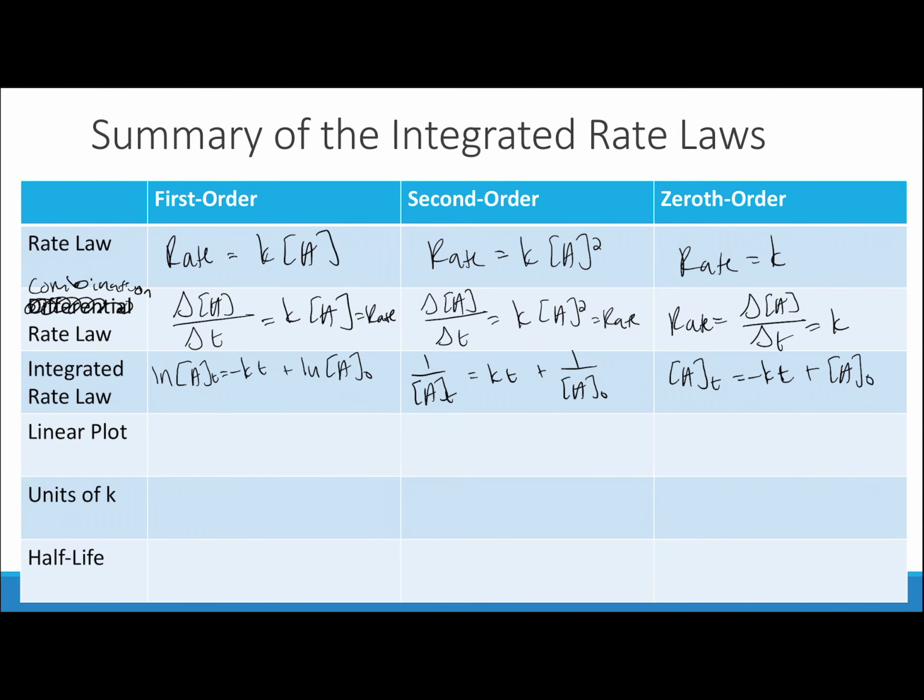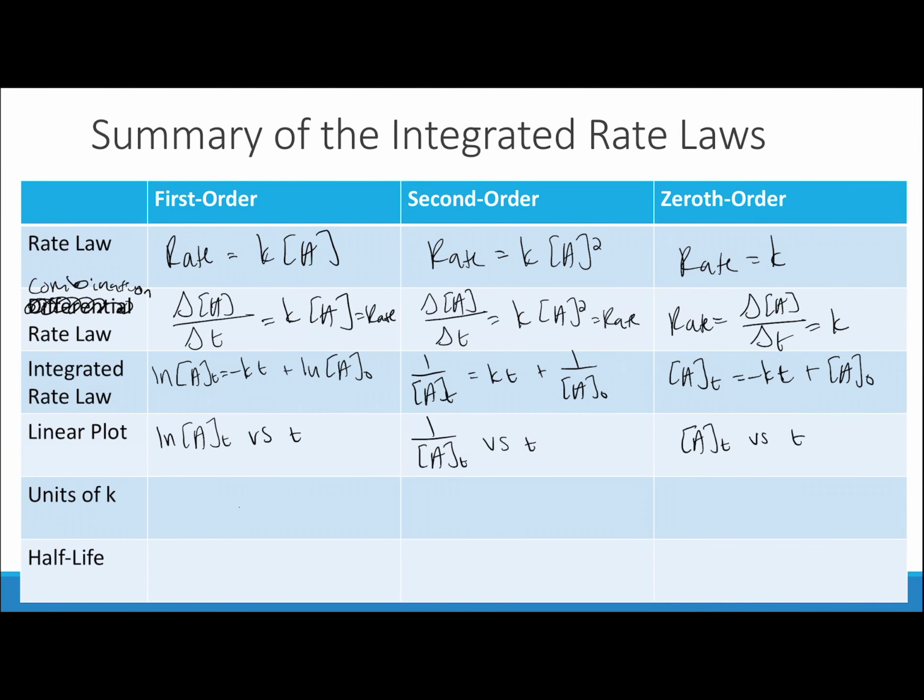And these are also our y equals mx plus b. So from here, we can get our linear plot by taking ln[A]t versus time for first order, 1 over [A]t versus time for second order, and [A]t versus time for 0th order.